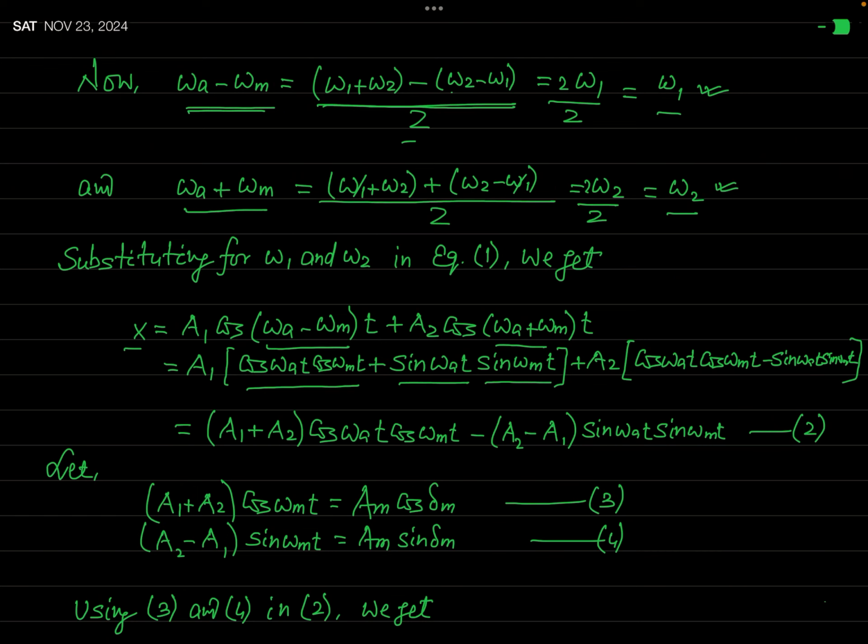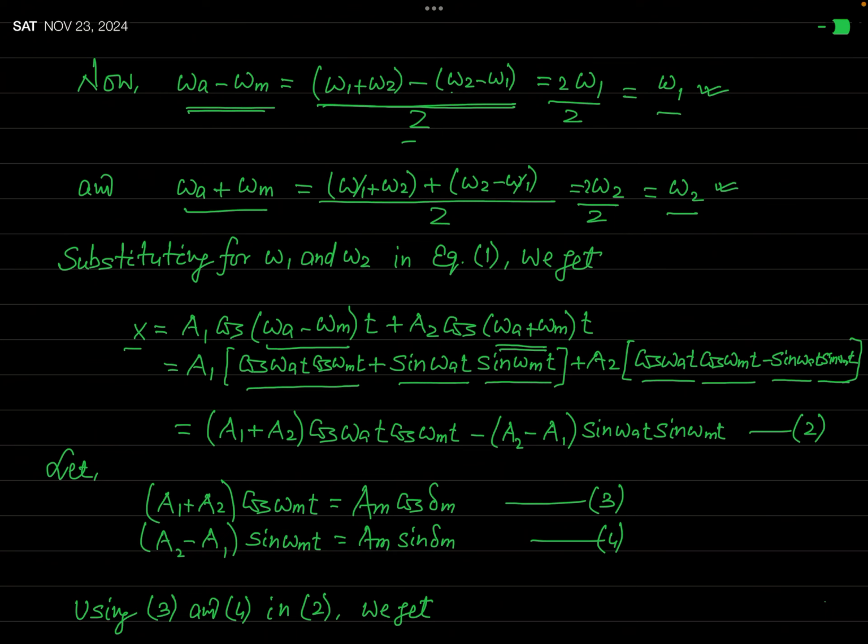Okay? And in a similar manner, cos(ωa + ωm)t will be equal to cos ωat times cos ωmt minus sin ωat times sin ωmt.